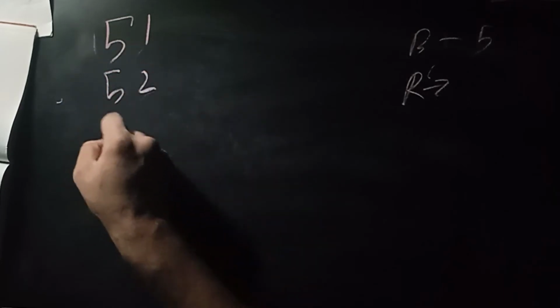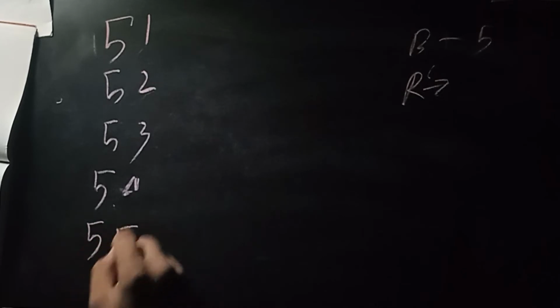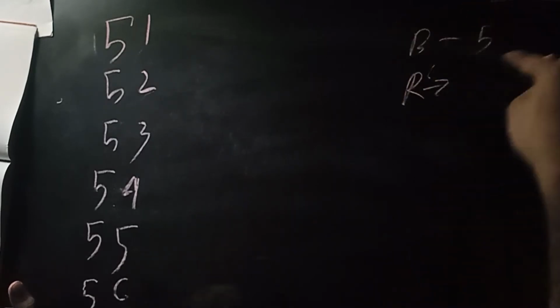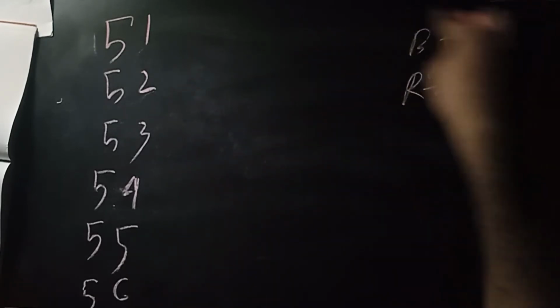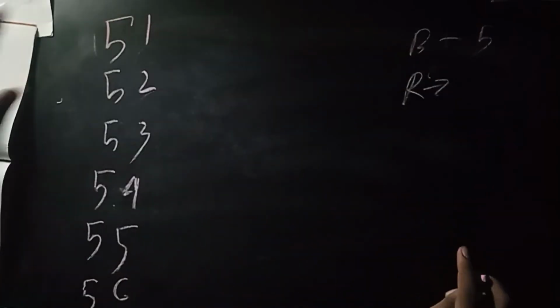Since it's a die, there are 6 possibilities, but we'll just list them: 5 1, 5 2, 5 3, 5 4, 5 5 and 5 6. So there are 6 possibilities of the given event.